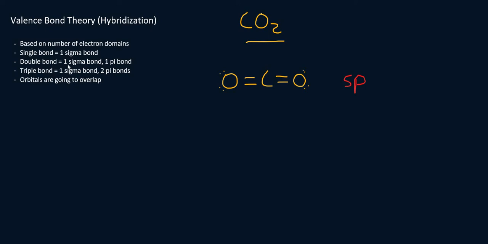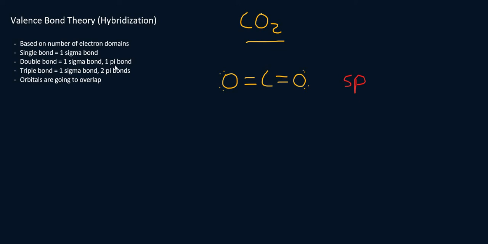A double bond is going to include that sigma bond with something additional called a pi bond. So with a double bond, we're still going to have a sigma bond there, but we're also going to have the addition of the pi bond. And a pi bond is going to be an overlap between unhybridized p orbitals.